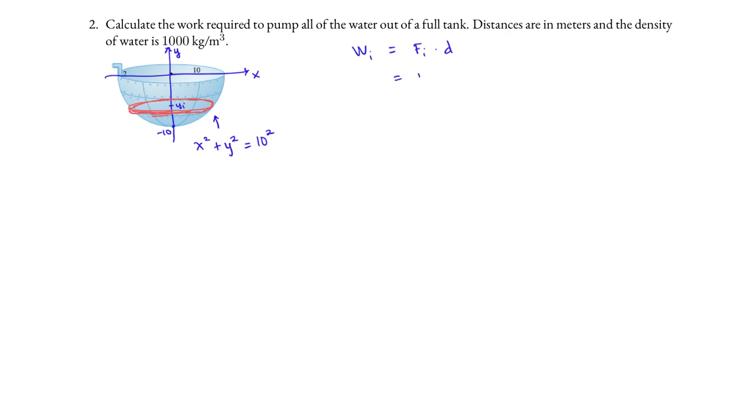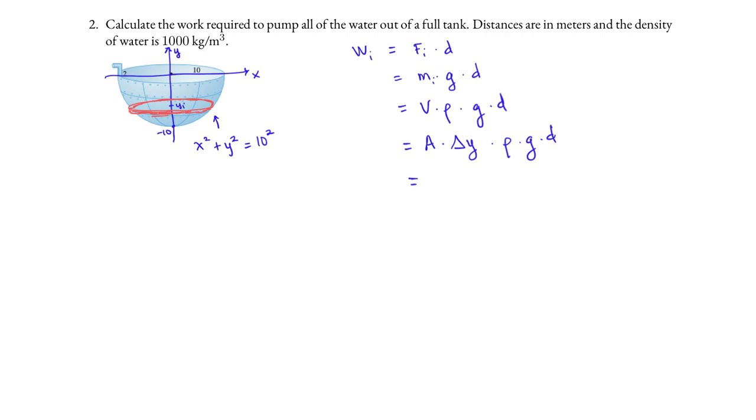The force is the mass times the acceleration, which is gravity. The mass for the slice is the volume times the density, but the volume is the area times the thickness, which is delta y.